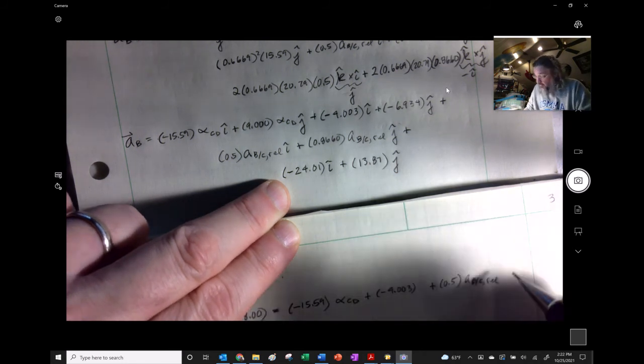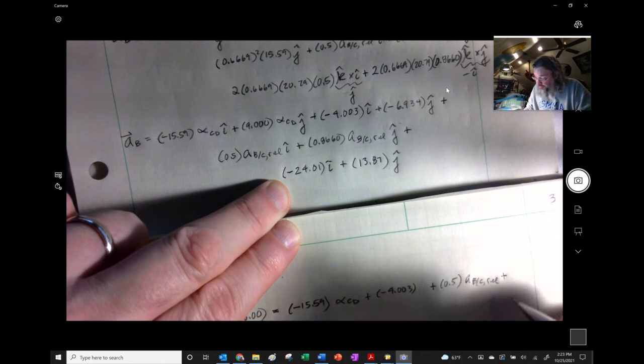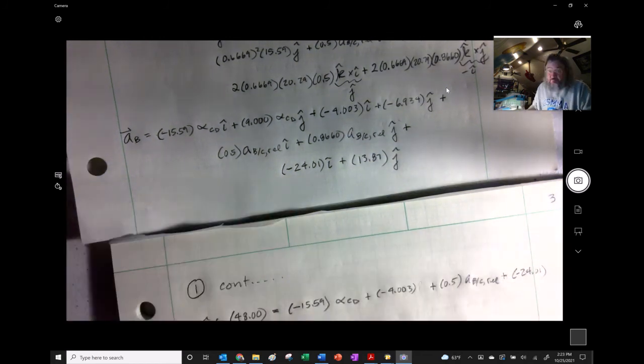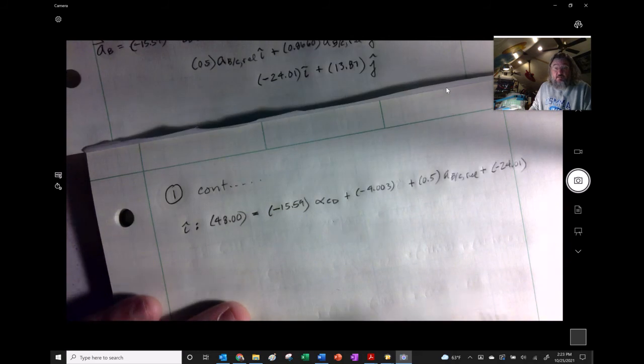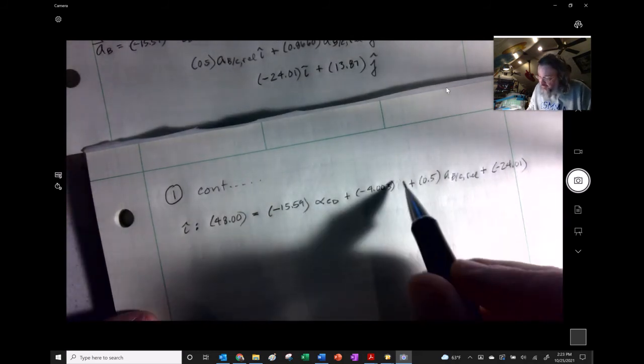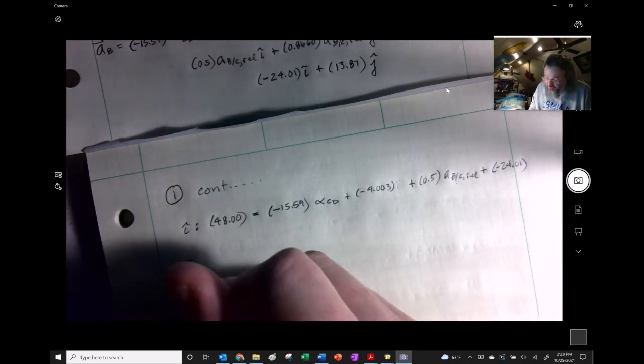I'm working. And then plus negative 24.01. I guess I have these as constants right here. You can see that I have the two unknowns.